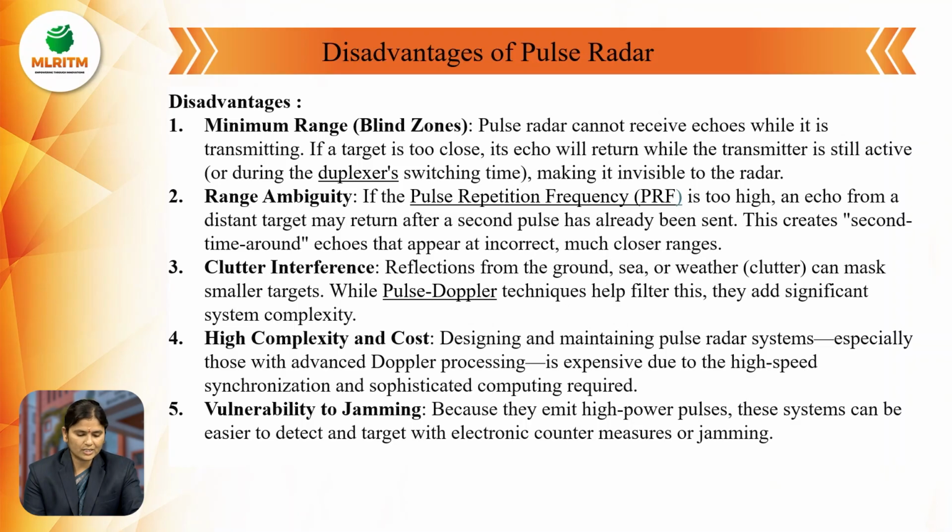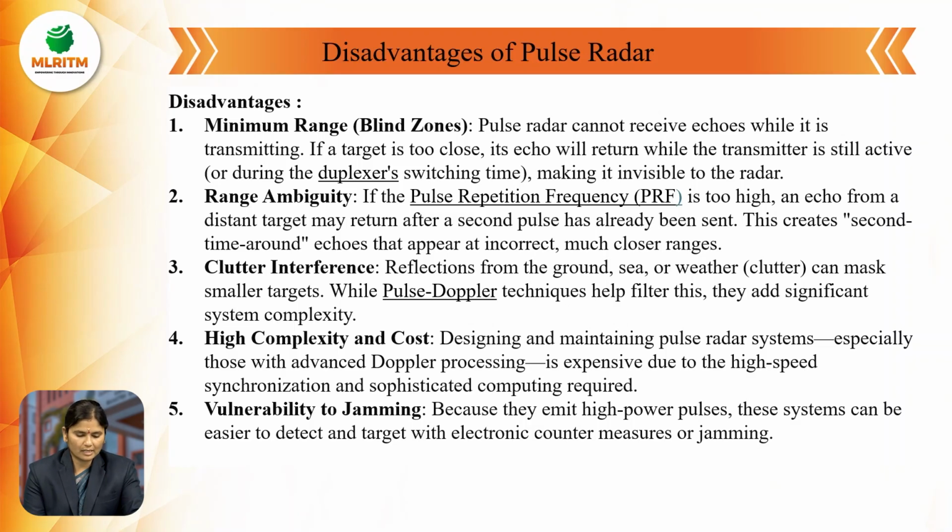And next one is range ambiguity. If the pulse repetition frequency is too high, an echo from a distant target may return after a second pulse has already been sent. This creates second time around echoes that appear at incorrect and much closer ranges.